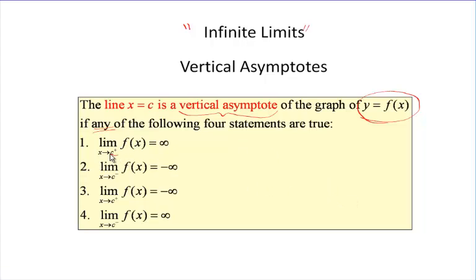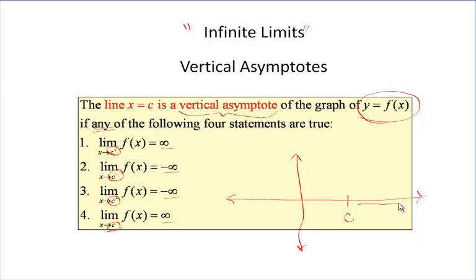If we approach an input value on our function f of x, either from the right or from the left, and we get the results of those, is that the output values are going either to positive infinity or negative infinity, that tells us graphically that as we approach c in the plane on a function f of x, let's look at approaching c from the right.